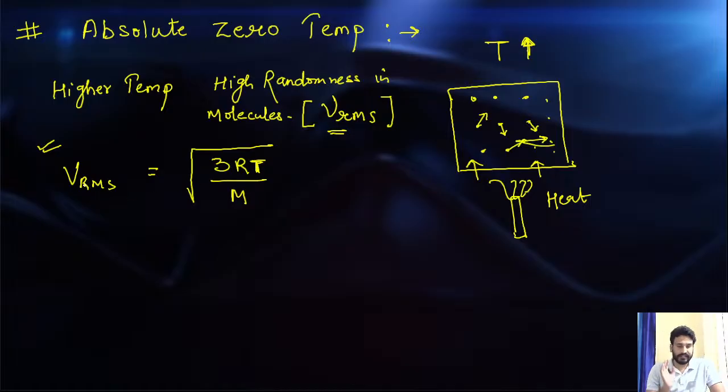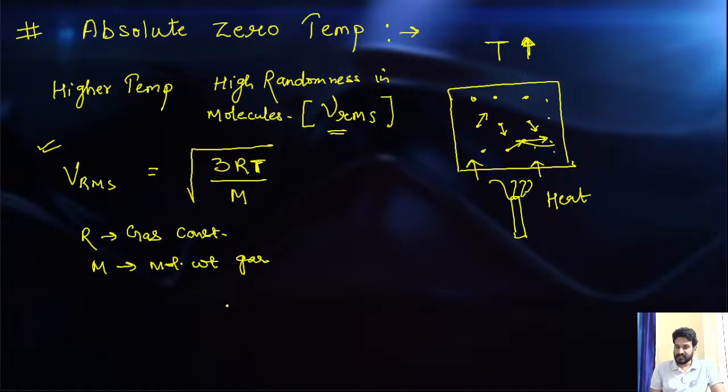Here VRMS is the root mean square velocity of the molecules, R is my universal gas constant, and M is my molecular weight of the gas. Is it clear to you?